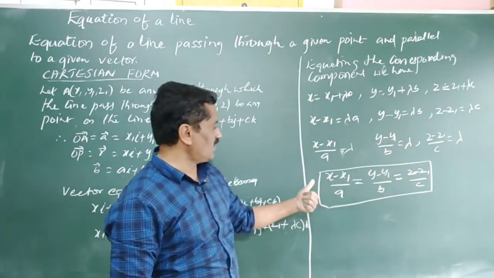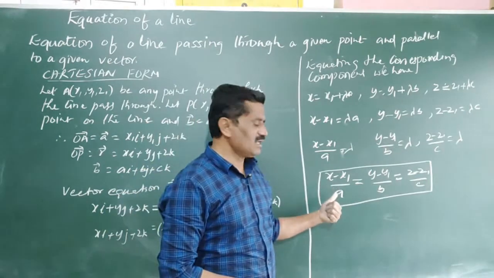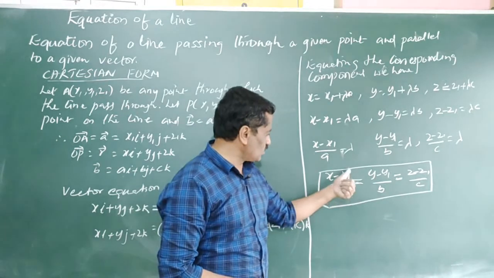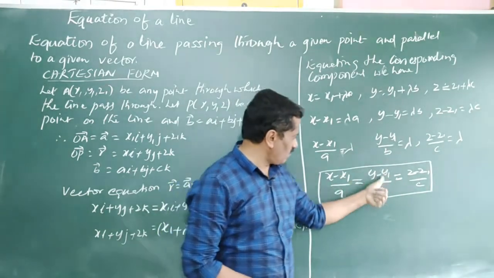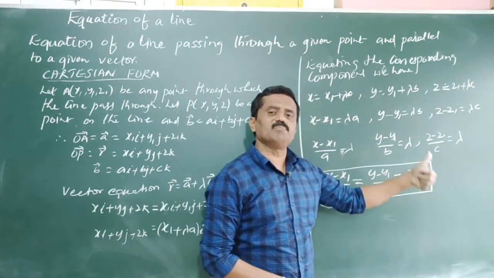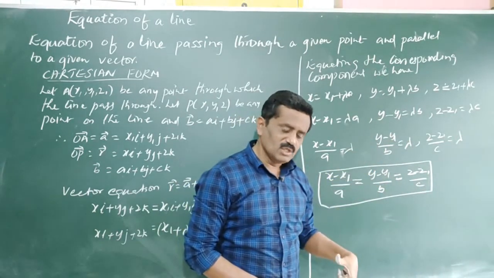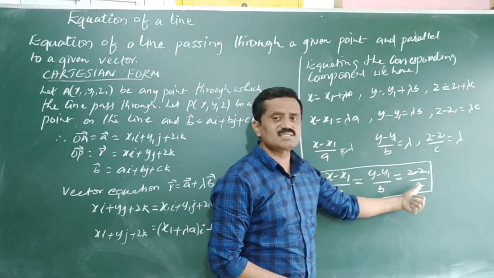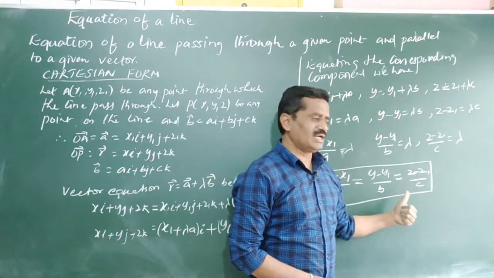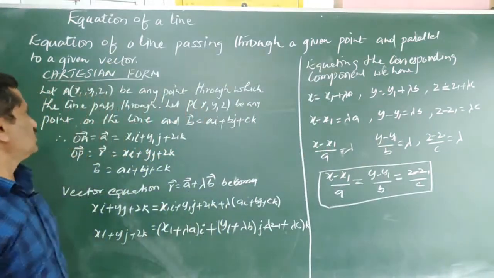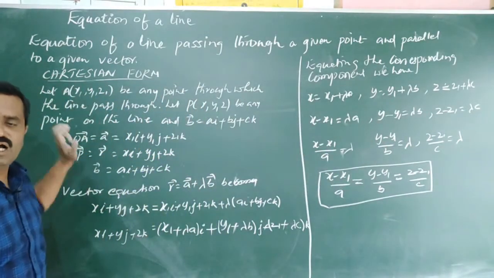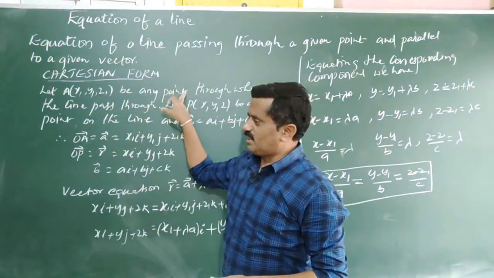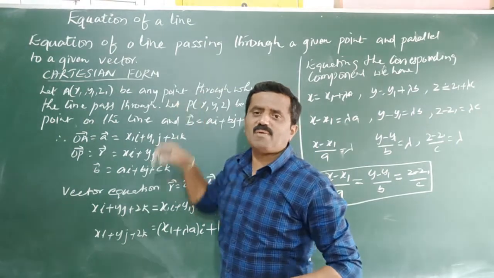So this is the equation of a line in the Cartesian form, which is passing through the point x1, y1, z1 and parallel to the vector whose direction ratios are a, b, c. Again, in the Cartesian form, let A of x1, y1, z1 be any point through which the line passes.